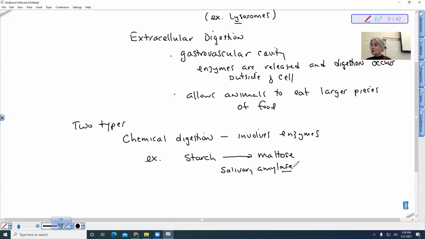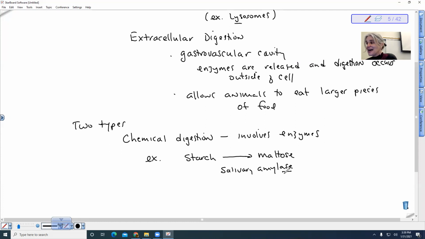I want you to note that ase ending because that is super important. It means that it is an enzyme. Not all enzymes have ase. For example, we'll talk about the stomach, which releases an enzyme called pepsin. Pepsin is an enzyme, but it doesn't have that ase. But if you see that ase, that means it is specifically an enzyme.